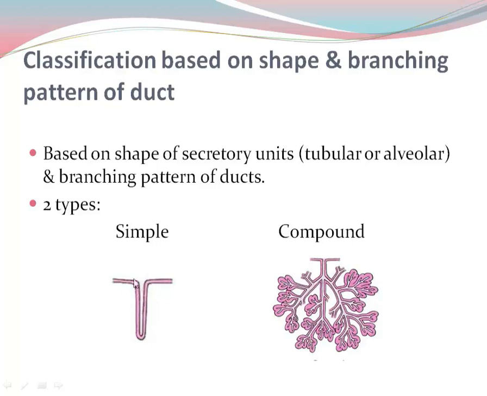So simple glands have a simple secretory unit based on their arrangement. In compound secretory units you will find that a single tube gives a lot of branching and branching and branching, and they form a network, and the secretion is poured into the smaller tubes, then collected in larger tubes, and then collectively poured on the surface.